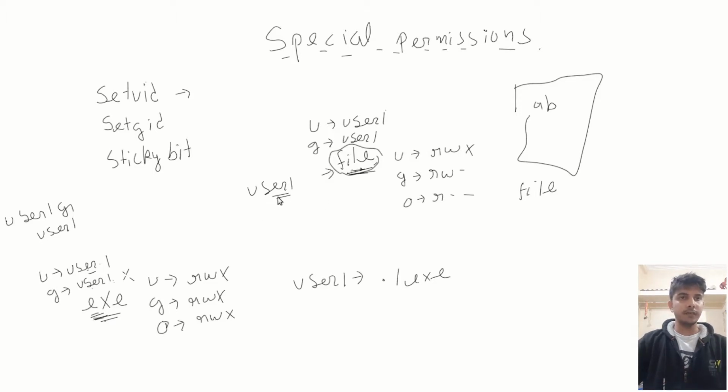So since user1 is trying to open it, the permissions set for this particular user, who is also the owner of that file, will take effect. So right now it will successfully write AB inside the file.